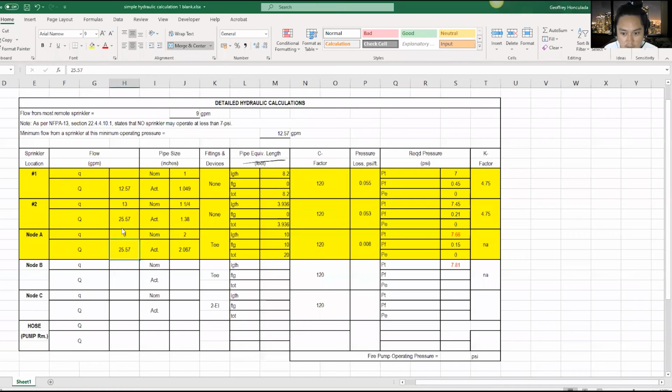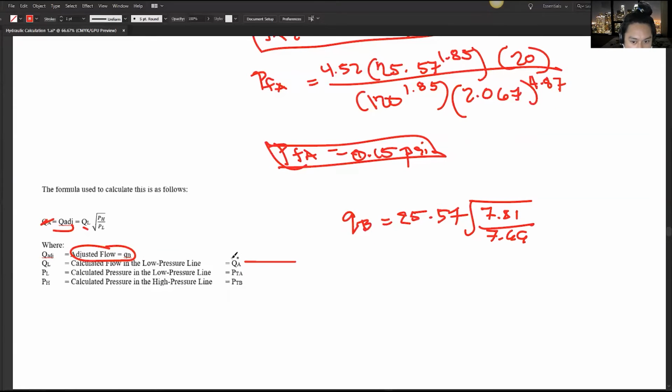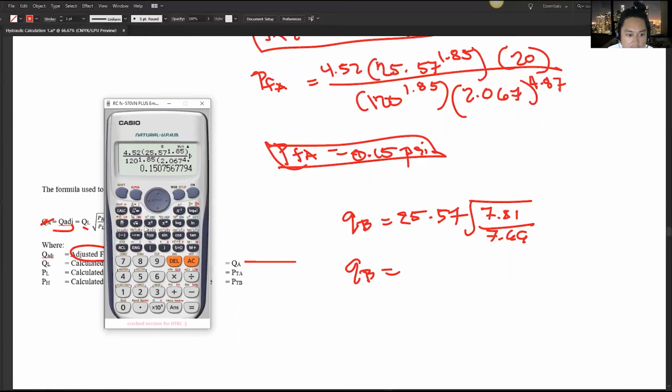So that's 7.81 over 7.66. So we can now solve for QB if we have our calculator. That's 25.57 times the square root of 7.81 over 7.66.